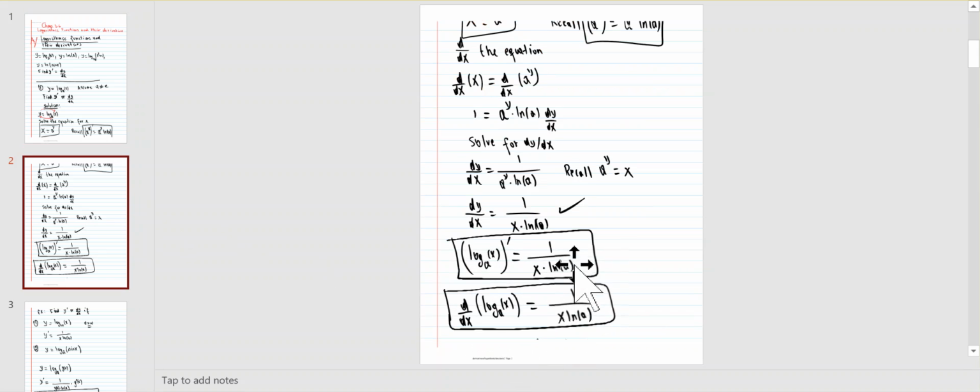So we replace a to the y by x. Then the formula becomes 1 over x times ln of a, which is the derivative of log base a of x. We can write it also as d/dx of log base a of x equals 1 over x times ln of a.